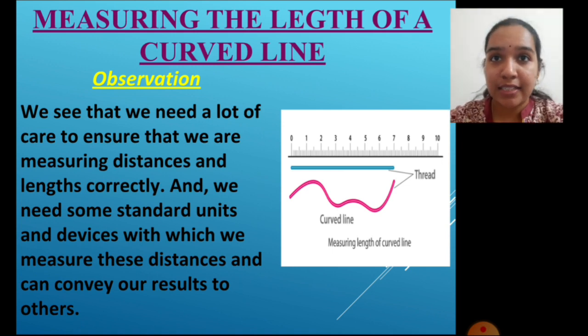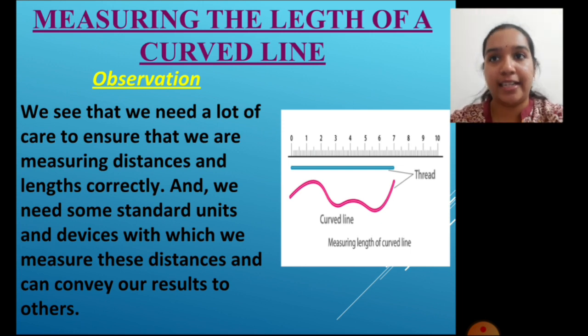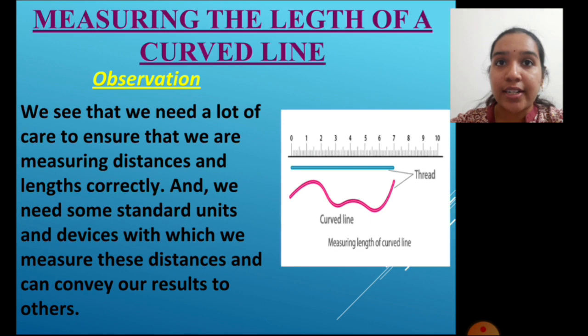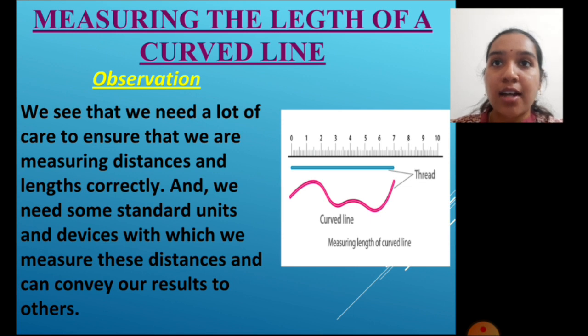As it is a curved line and you are measuring its length with a thread, a lot of care should be taken to measure the lengths correctly. As the thread cannot give standard units of length of measurement of the curved line, you always need a proper scale or a ruler scale with readings marked on it for conveying correct results to others in centimeters or meters.